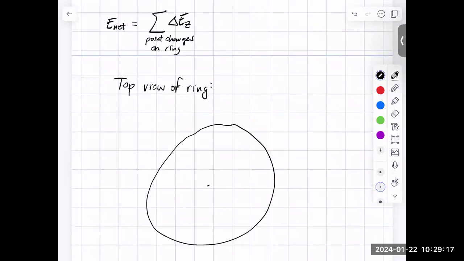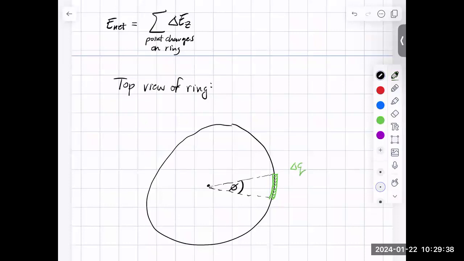This is our ring, something like that. I'm going to exaggerate it so that it's easier to draw. We're considering this section of the charged ring, and I'll call that delta Q.